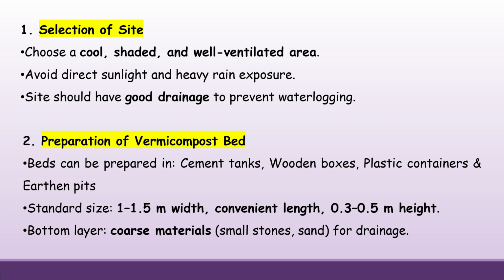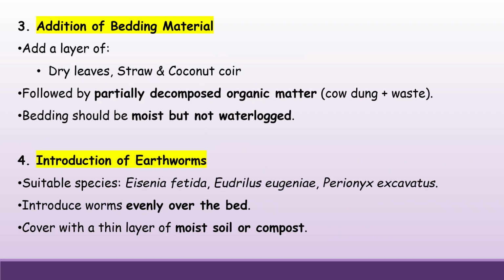Because after putting the soil and layers, we're supposed to keep it moist. So any excessive water that comes can easily drain out through the small spaces present in the bottom layer, because it is made of sand, or we are adding small stones. So that is mainly for the purpose of drainage.